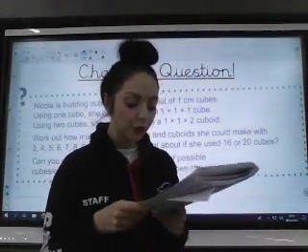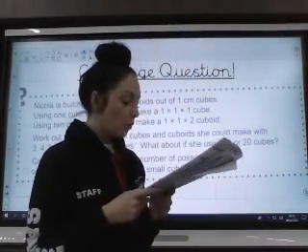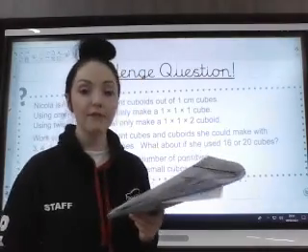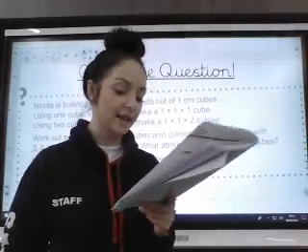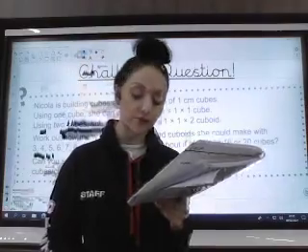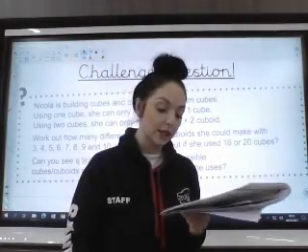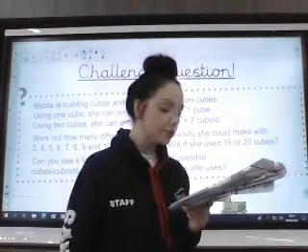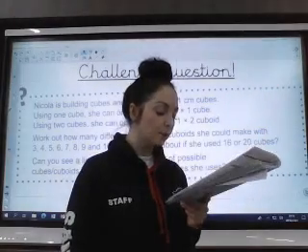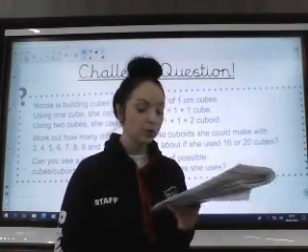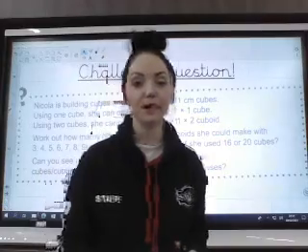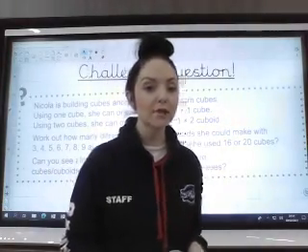Work out how many different cubes and cuboids she could make with 3, 4, 5, 6, 7, 8, 9 and 10 cubes. What about if she used 16 or 20 cubes? Can you see a link between the number of possible cubes and cuboids and the number of small cubes she uses? Okay, so another little bit of trial and error there.